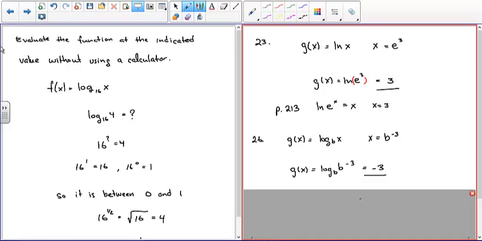What else can we say here? Yeah, these are just some problems showing the inverse properties of logarithms and exponents. So if you've got some function g of x is the natural log of x, where x is equal to e cubed, then you can substitute that in here.